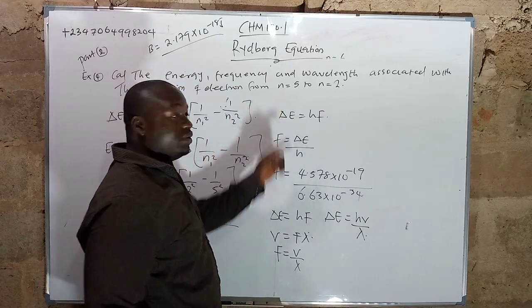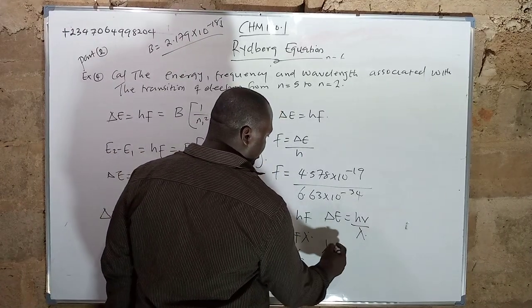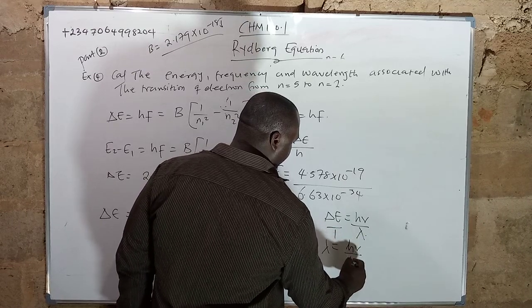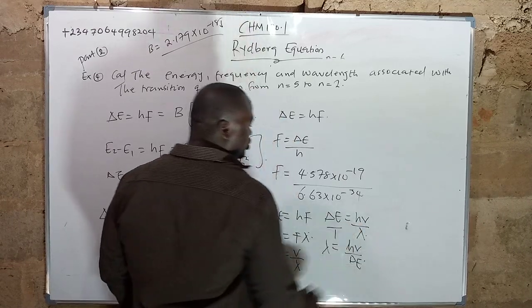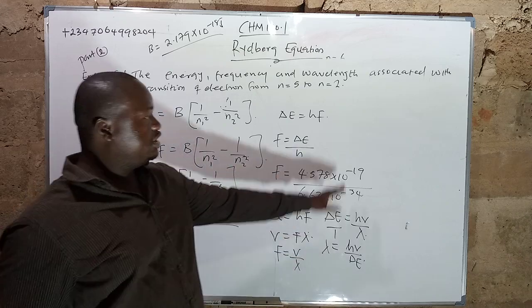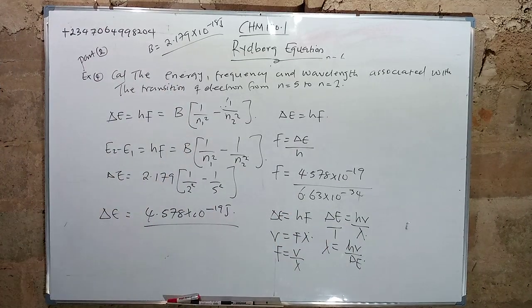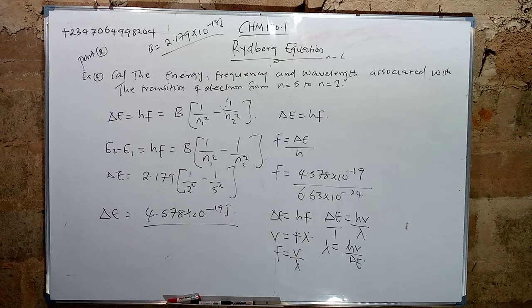So if I want to calculate the wavelength, all you need to do is wavelength is equal to hv over change in E. So please input this equation into this, and please drop your answer for me in the comment section. What is the answer that you got as your wavelength? Please drop it in the comment section with the SI unit, please.